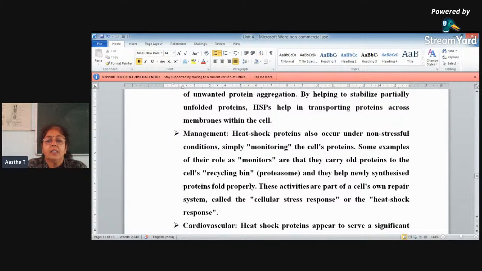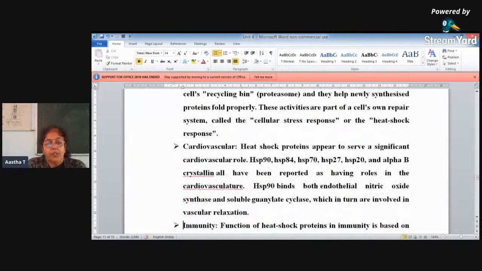These activities are part of the cell's own repair system called the cellular stress response or heat shock response. So this management ही प्रत्येक सेलची इनहेरंट ability आहे, and this inherent ability of the cell to repair its own system, means removal of old proteins and synthesis of new proteins, is known as the management system, and that is known as cellular stress response or heat shock response.